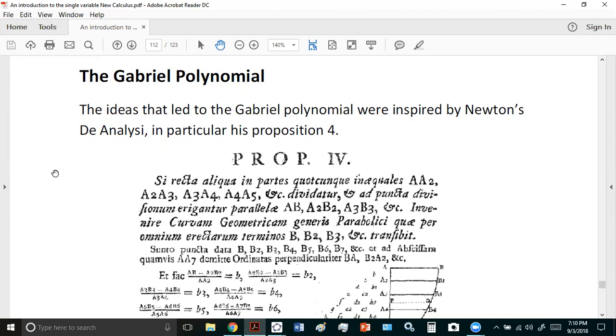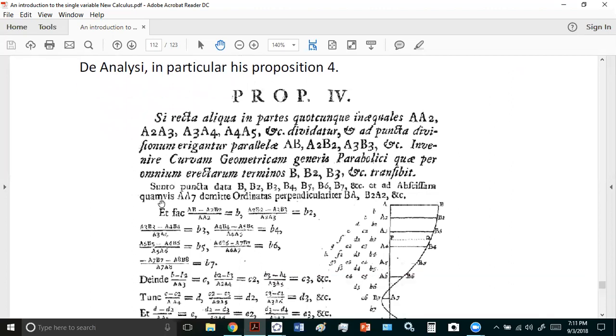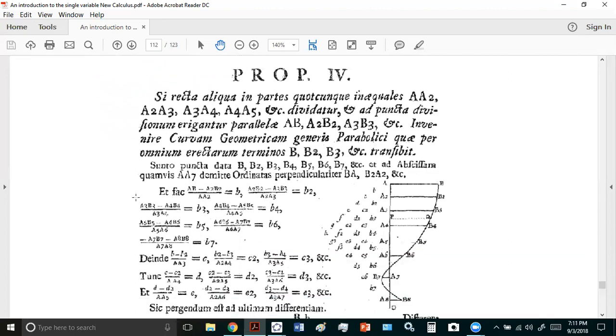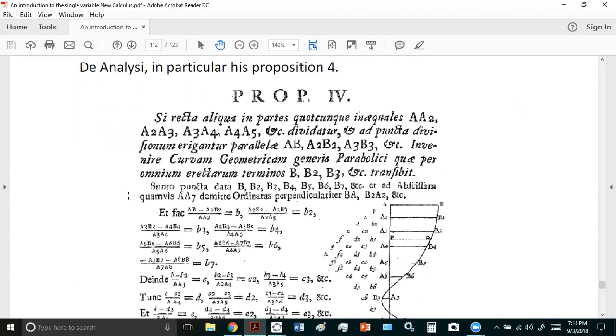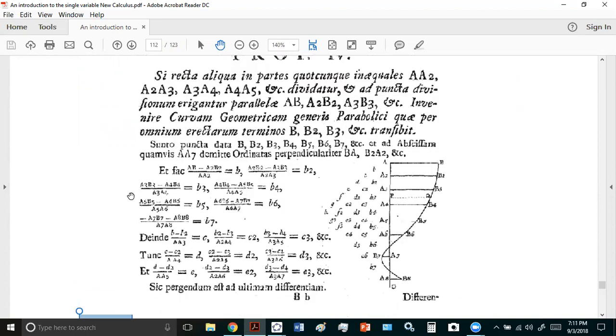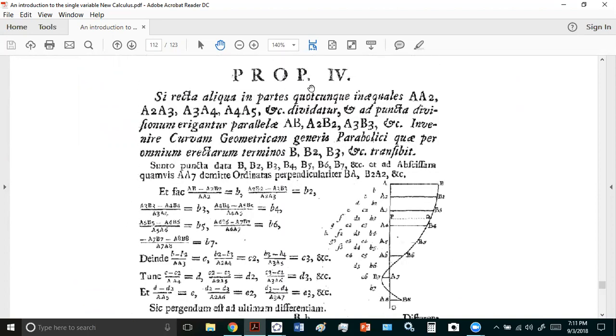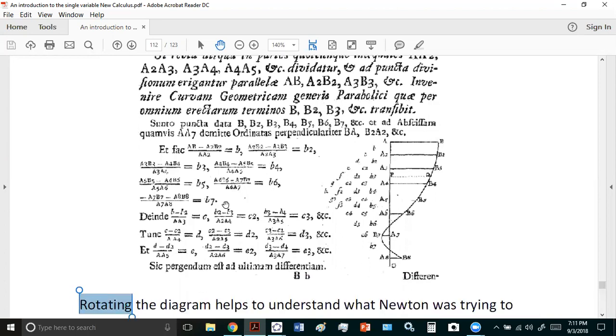So Newton worked a lot with divided differences, and in the very last part of his De Analysi, his famous De Analysi document, he has a proposition 4 here, which is the theory of his finite differences.